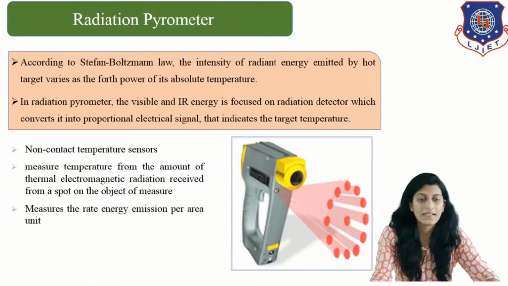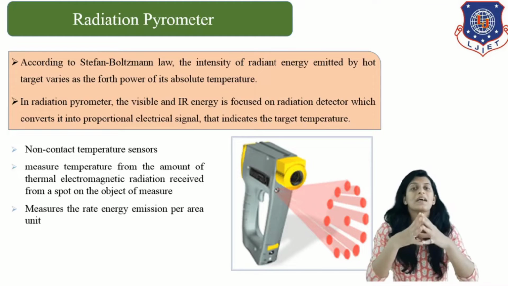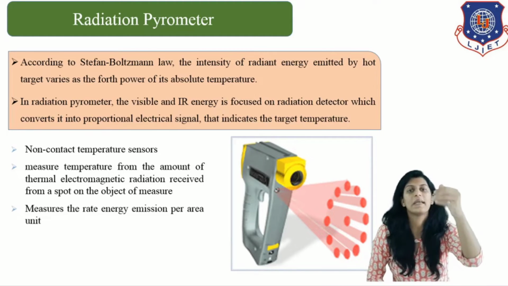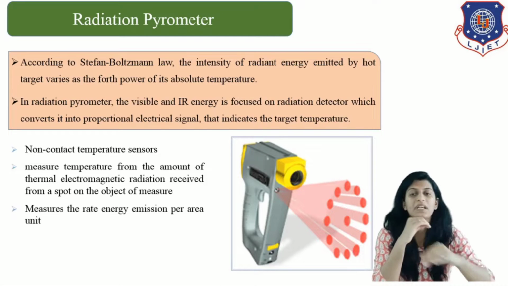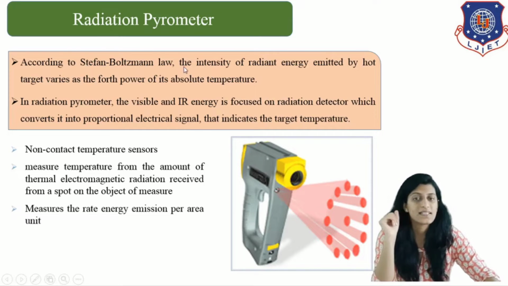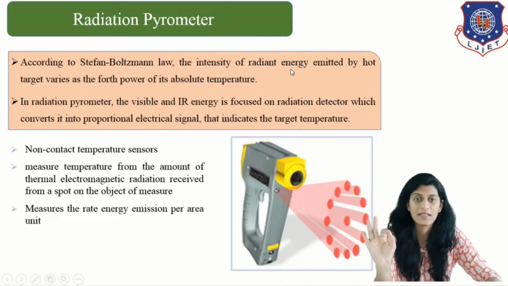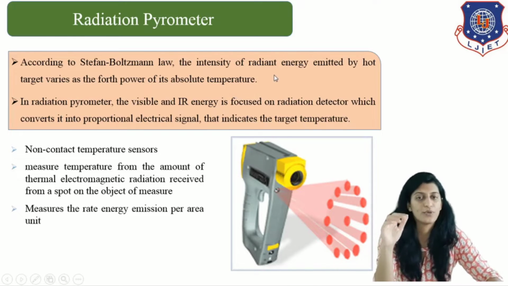Now, starting first with radiation pyrometer. As the name suggests, it uses radiation to detect the temperature of the object, right? Its principle is based on the Stefan-Boltzmann law, which states that the intensity of radiation energy emitted by a hot body or hot target varies as the fourth power of its absolute temperature.